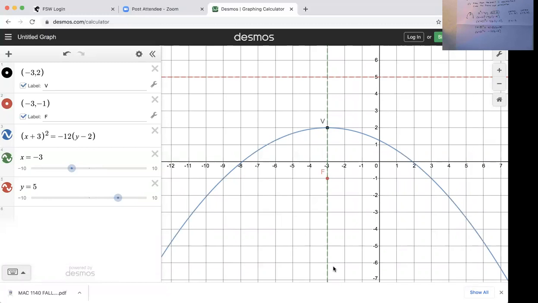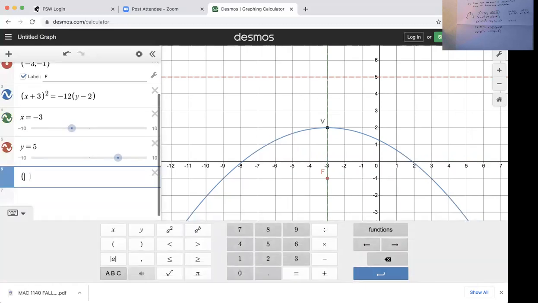I want to find a point on the graph. And the way we do this is we have 1, 2, 3 as our p-value. Let's go out 6: 1, 2, 3, 4, 5, 6. This is a point on the graph at x is 3, y is -1. Or we could have gone 6 the other way, which would have been (-9, -1), but I'll stick with (3, -1).